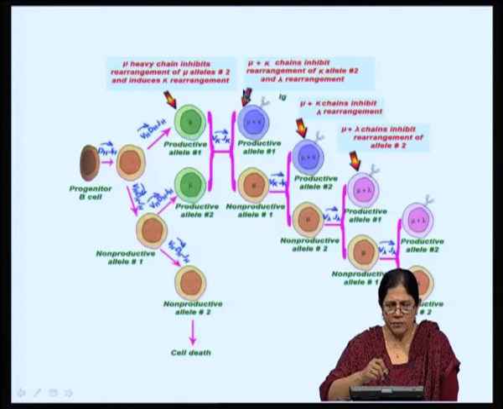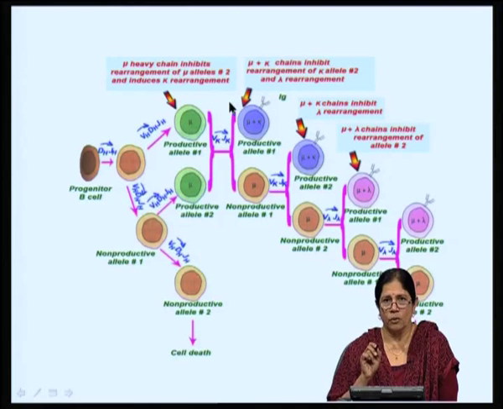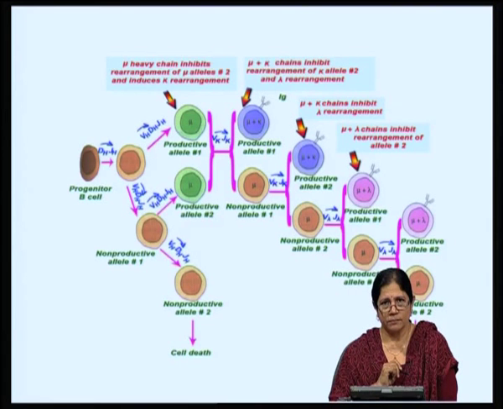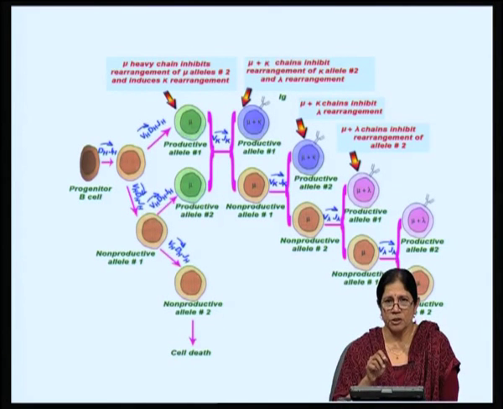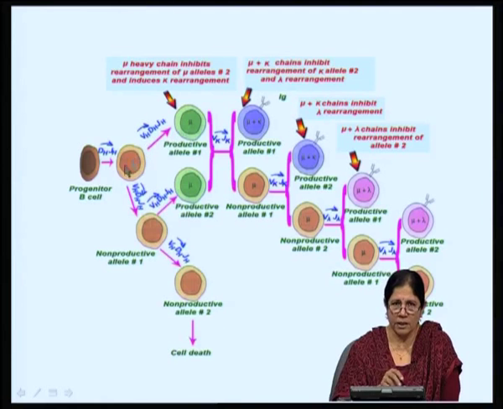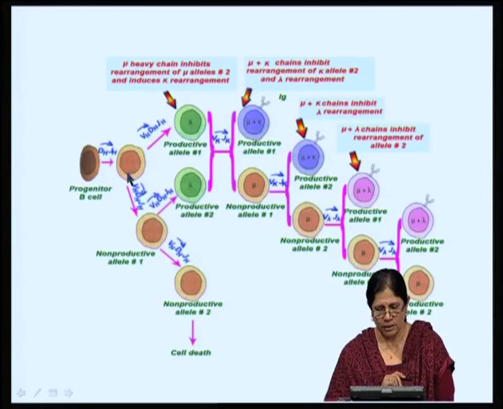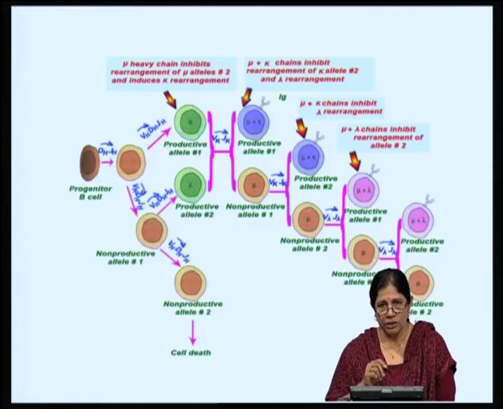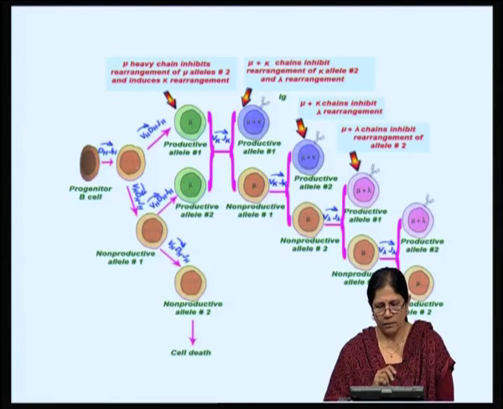Now, this surface expression is the clue for the recombination of the light chain genes to start. The surface expression also inhibits the second allele of the heavy chain from starting. So, that means regulation at yet a second level.